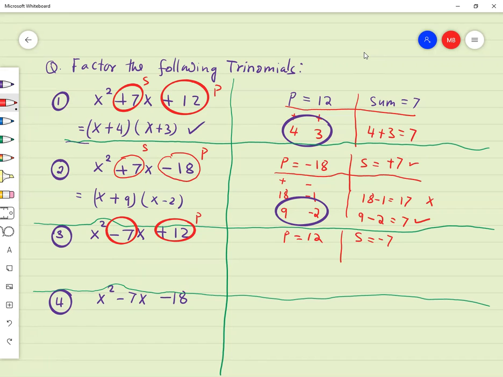Because the sum is negative, both numbers should be negative. I can see negative 3 and negative 4: their sum, negative 3 minus 4, is exactly negative 7. We got the match. So our numbers are negative 3 and negative 4, and this polynomial factors into x minus 3 times x minus 4.